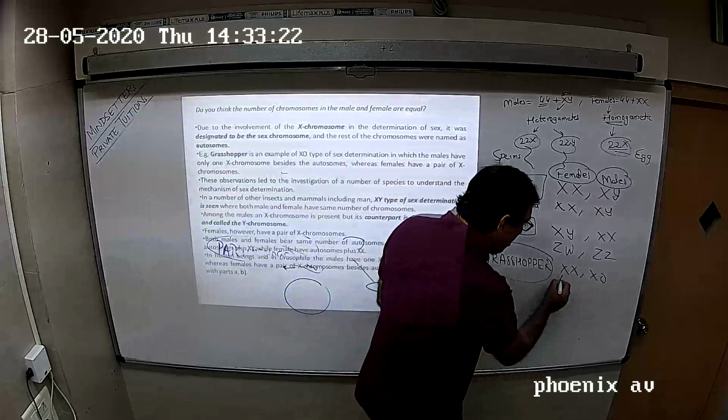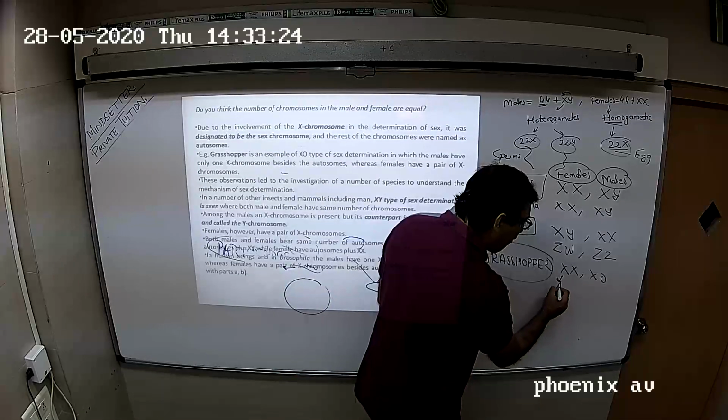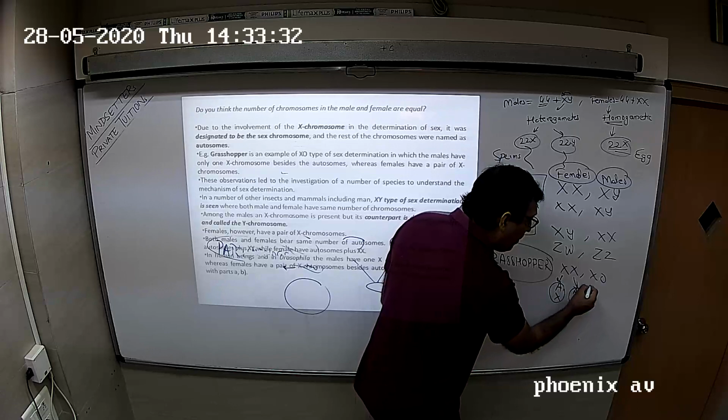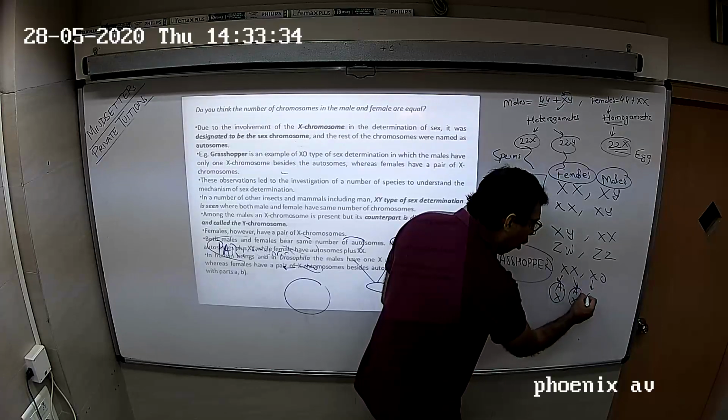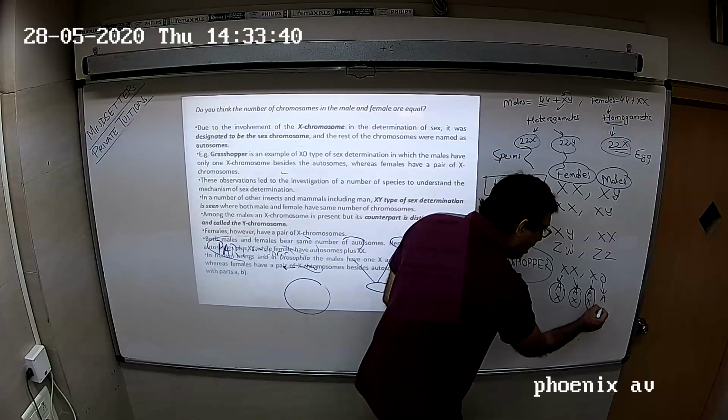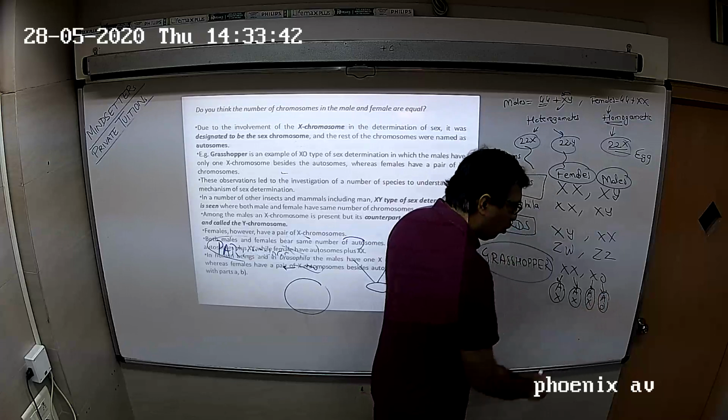Means इसमें से जब egg बनेगा, you will have autosome and 1X chromosome. But जब sperm बनेगा, autosome and 1X chromosome and autosome and no sex chromosome.